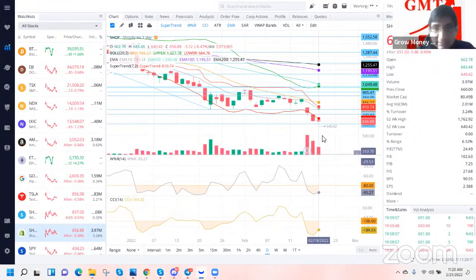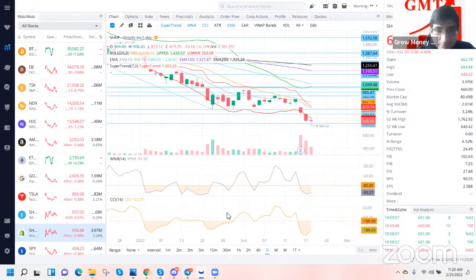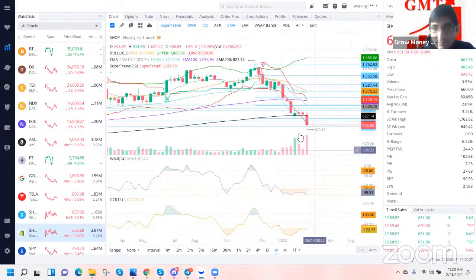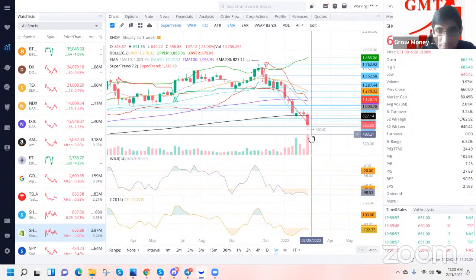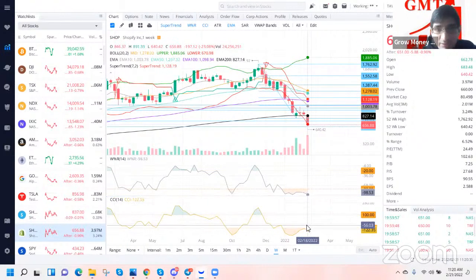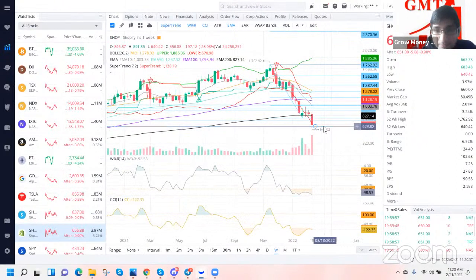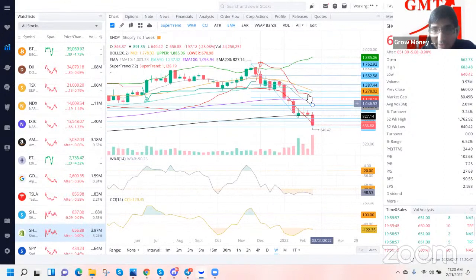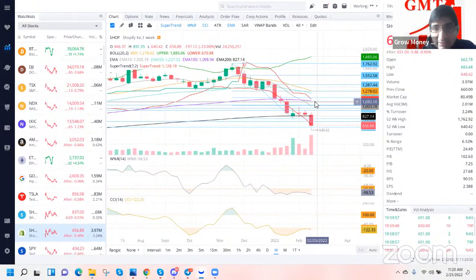Although indicators have reversed, if you look at the weekly trend, it had formed a huge red candle. The indicators are still downward on the weekly trend. There's a support here, which it took and held, but in terms of Super Trend, it is downward on the weekly chart.